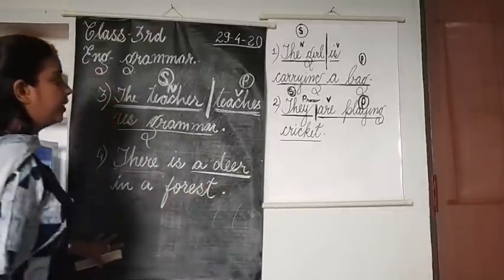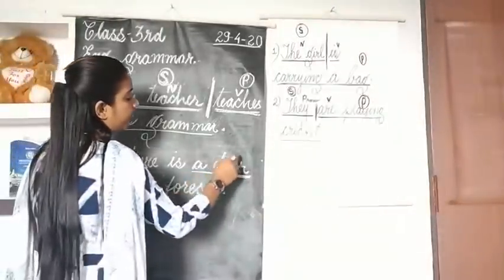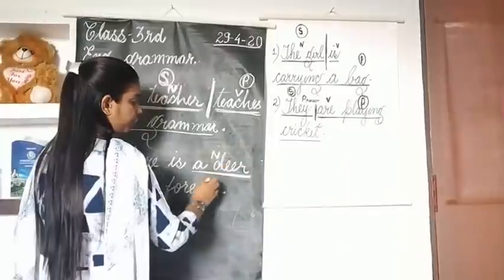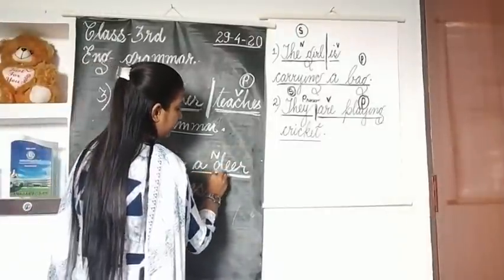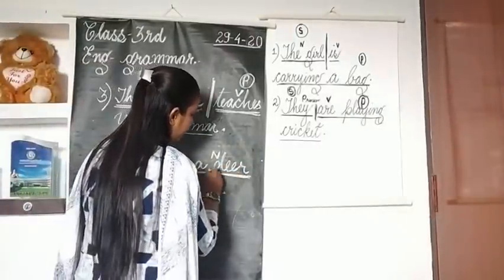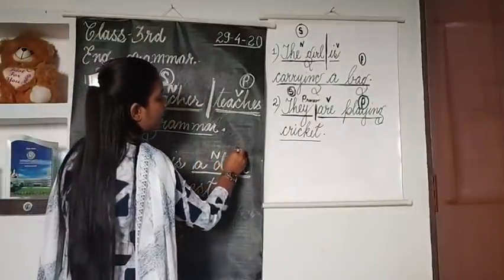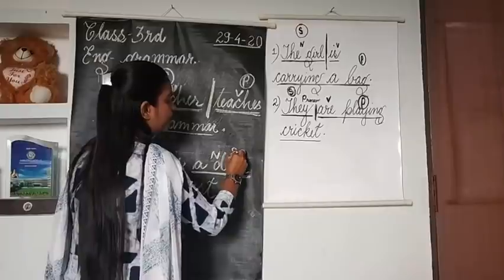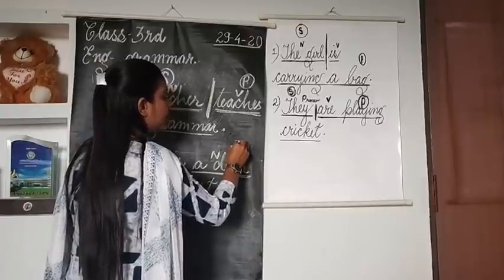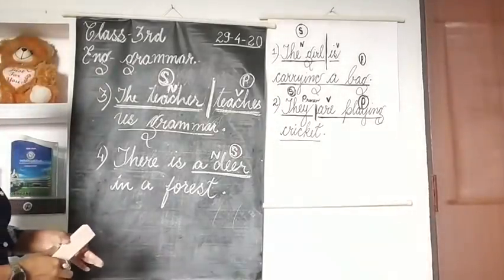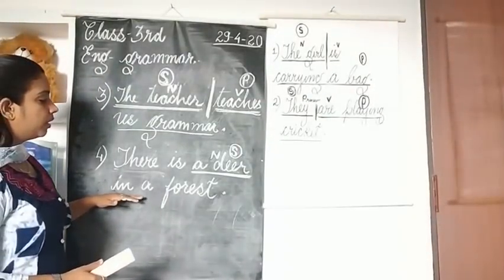So, in this sentence, a deer is a noun, and the sentence is telling us something about this deer. So, this deer is what? It's the subject in this sentence. And what does this sentence describe about the deer?